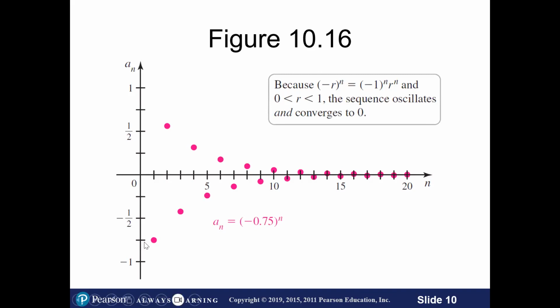Taking n equals 0 to infinity, it's bounded between 0.75 and -0.75, so it lives within that range. It converges to 0, but it's bounded above and below. The terms are all contained within there. So it is a bounded sequence because it converges.